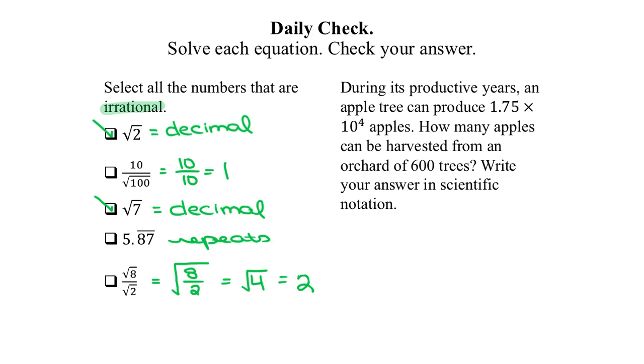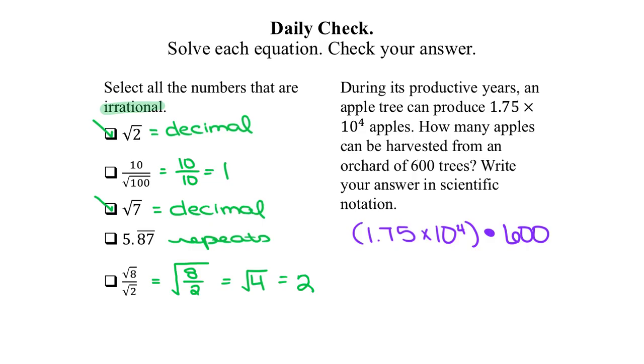The apple tree produces the scientific notation in apples. Are you trying to find how many apples are on 600 trees? Yes. Because the number given is for one tree, and I want to know for 600 trees.